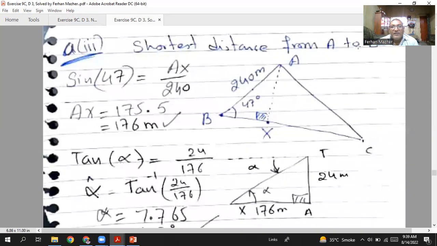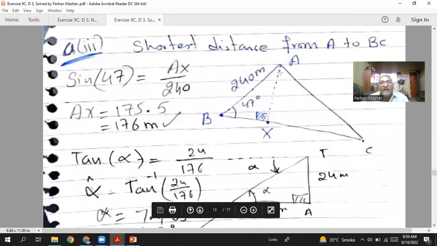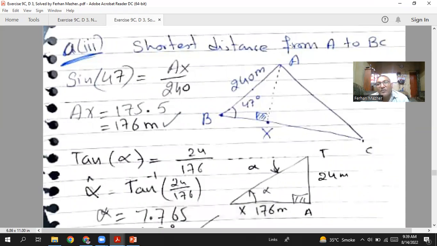So that is coming up on your screen. This dotted line shows the shortest distance from A onto BC. That's the perpendicular from A onto the BC side. So this is a right angle triangle. I know this angle, that's 47. This will be the hypotenuse, AB, 240 meters. And I want to know how much is AX.